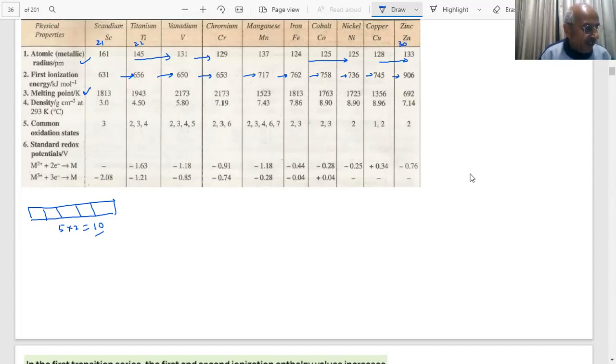In the case of the transition elements, what is happening to the melting points? You know that the transition metals are very hard and have low volatility. Their melting and boiling points are high.